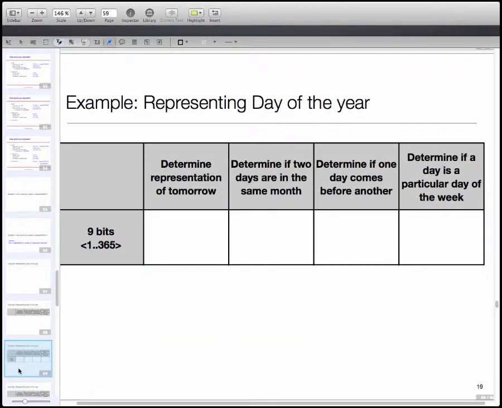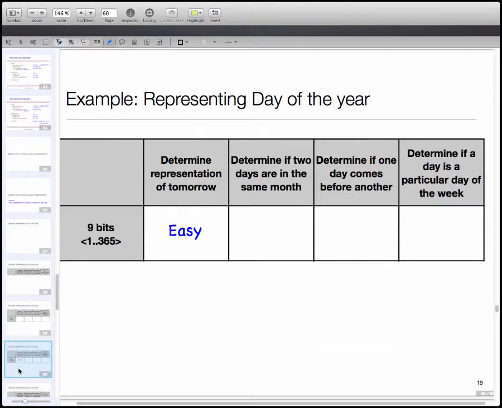Let's say we decide to represent day of the year as a 9-bit number, 1 through 365 or 366. Determining the representation of tomorrow, is that easy or hard? Easy, just increment by 1. What about determining if 2 days are in the same month?